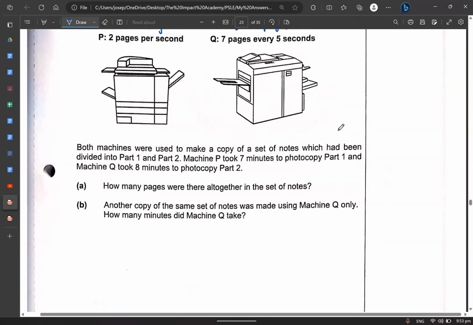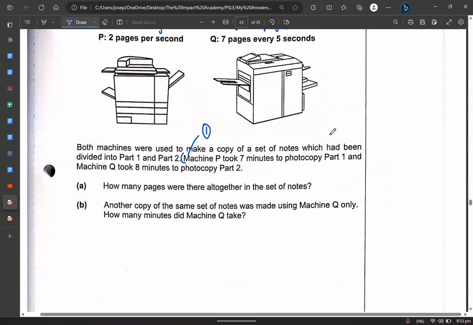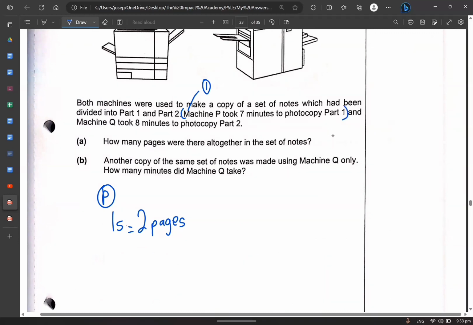Okay, so we are going to stop here. We are going to write down something first. Okay, machine P took 7 minutes. Now, first thing first, if you know that for P, if 1 second, it can print 2 pages, then let's ask ourselves, how many pages can it print in 7 minutes, right? But of course, you have to change 7 minutes to 420 seconds.